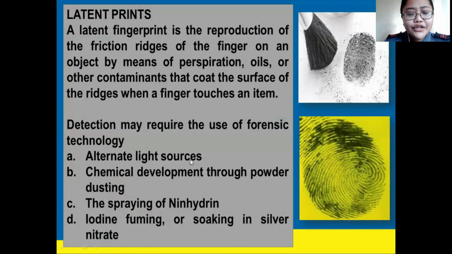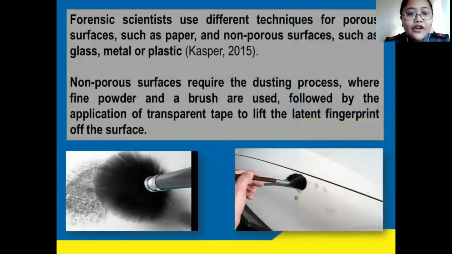Iodine fuming or soaking in a silver nitrate is usually used on fabrics like handkerchiefs and clothes. So for the latent print, always remember it is not easily seen by our eye and it can easily be erased.